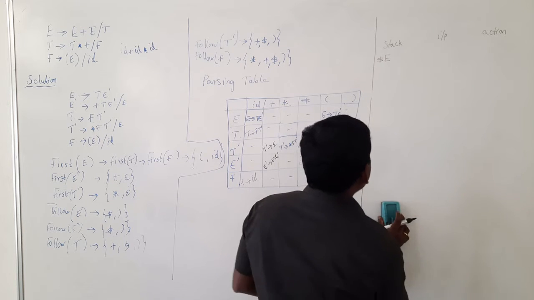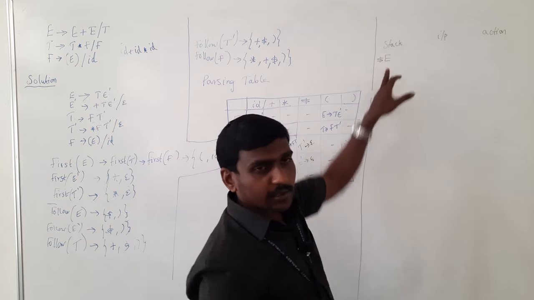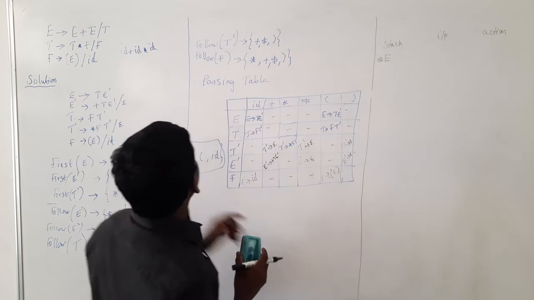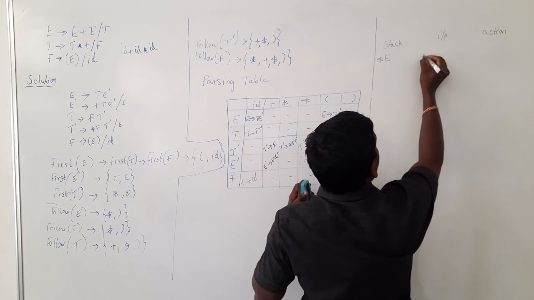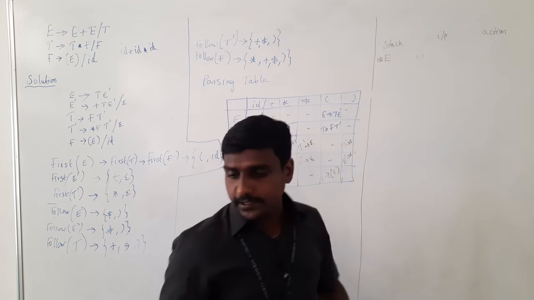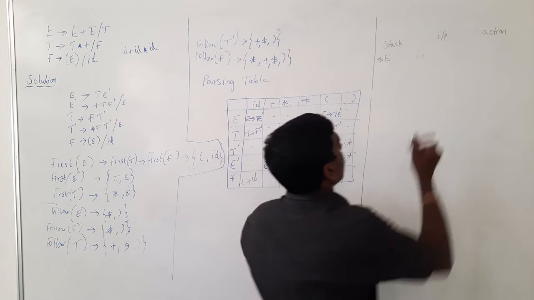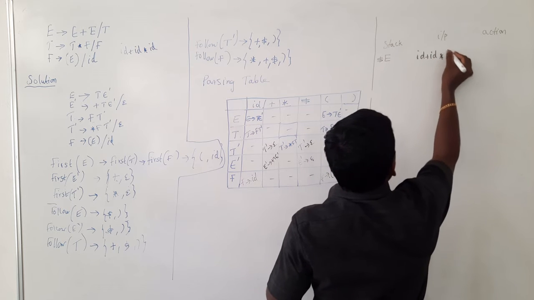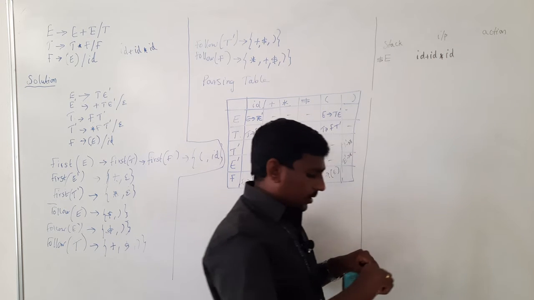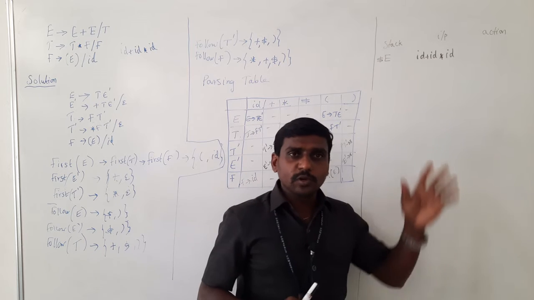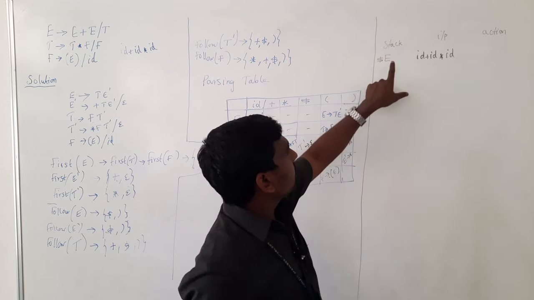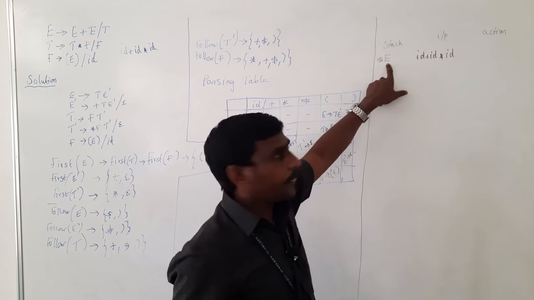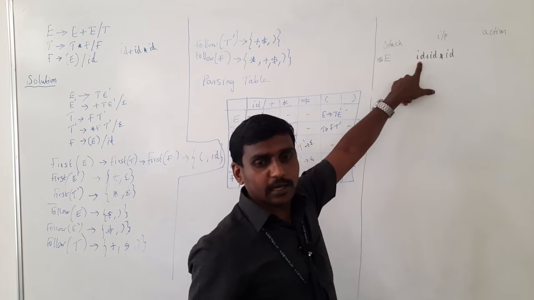So now in the stack we have $E, and what is the input they have given? ID plus ID star ID. So for the action, based on the behavior of the parser, we want to write the action. At the top of the stack is E and the input is a terminal.